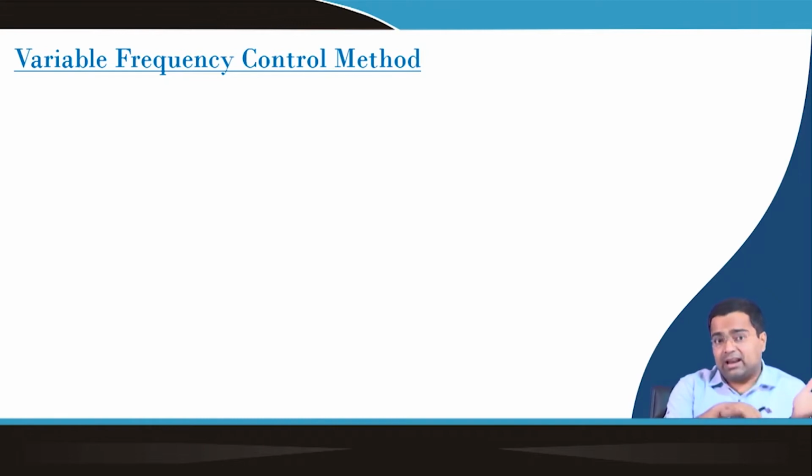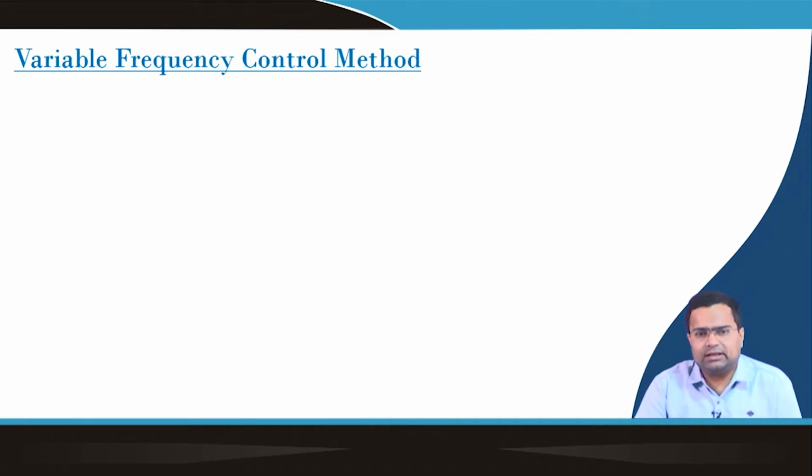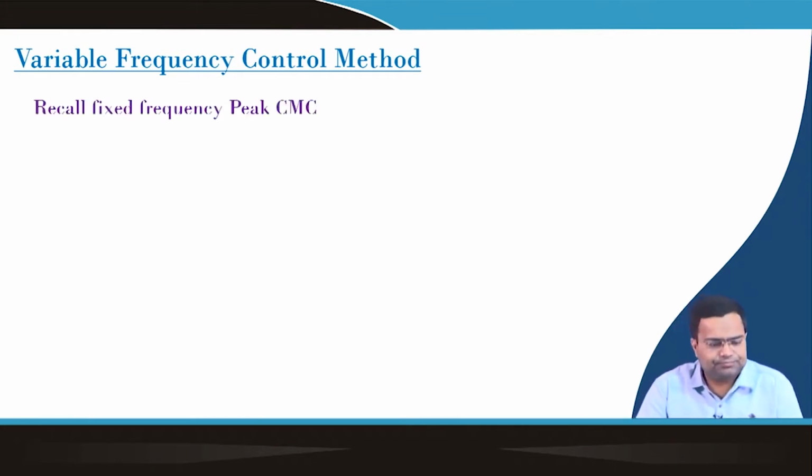In an analogous sense, in variable frequency also, sometimes we control on time by keeping off time constant, sometimes we control off time by keeping on time constant, sometimes we control both on and off time. So, these are the different techniques that we are going to discuss now.